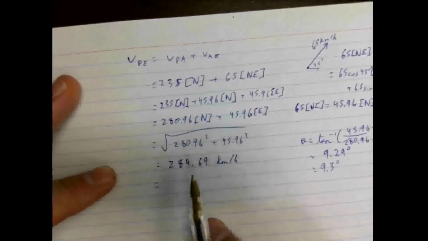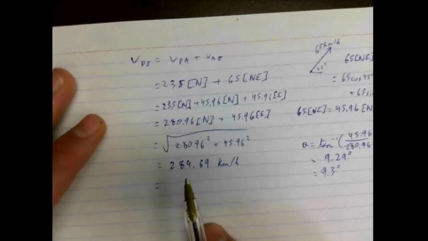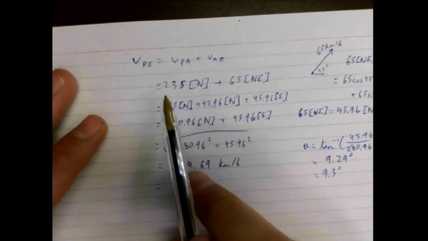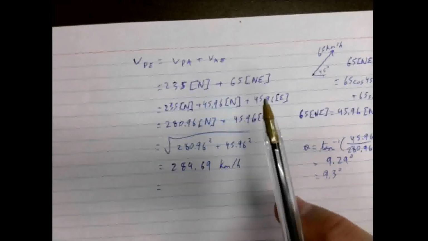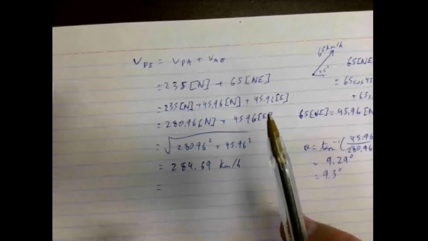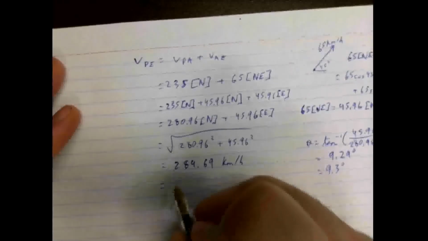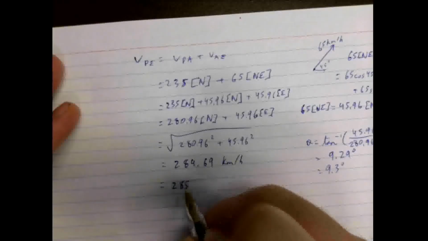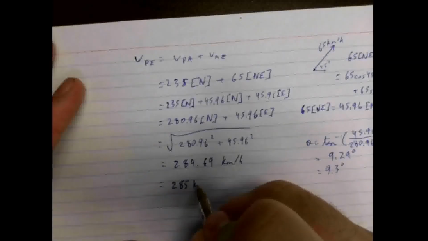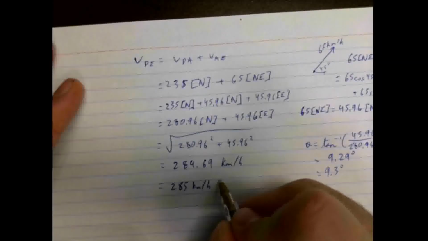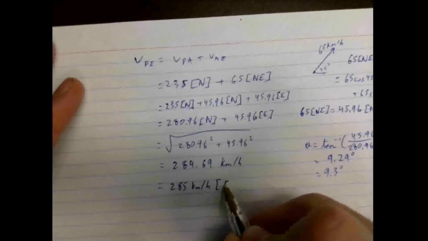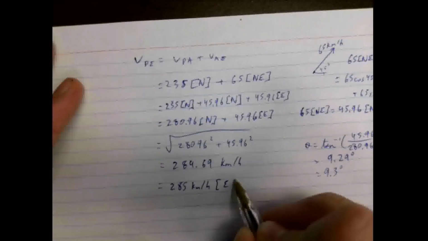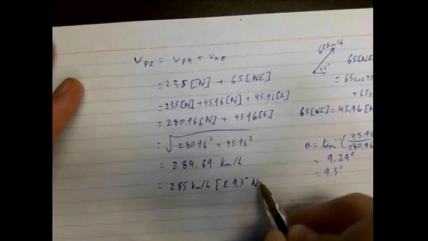Actually, before I put that in, I'm going to round this as well. If I look back at my original question, I had three significant digits: 235 and 65.0. That decimal zero implies that the zero is a significant digit as well. It's a measured value. So my answer here should have three significant digits. I'll write it as 285 kilometers per hour at an angle of 9.3 degrees to the north of east.